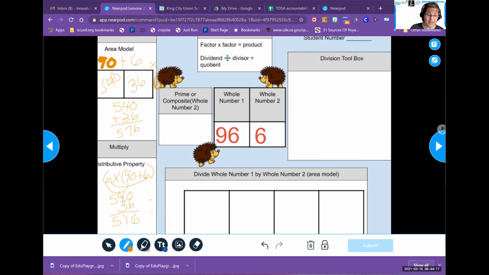So that was fun. And then, the division toolkit, this is handy. I got this from a 6th grade teacher in our district. So I'm not going to go over prime and composite because you know that. I do love that it has some vocabulary words up here so they can see that. With the division toolkit, the way I used to do it is, 6 goes into 96 how many times?